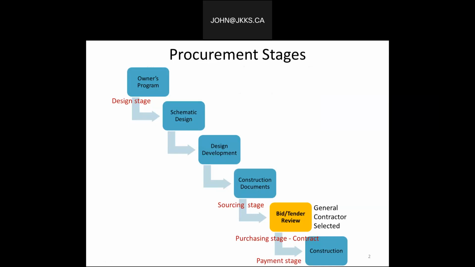And then eventually out to the bid tender review stage, where we're going to be talking about what to look for about the general contractor that will be selected. Of course, there's also the purchasing stage. Part of the contract is a financial agreement between the parties that have an obligation. And certainly during the construction, the payment stage.